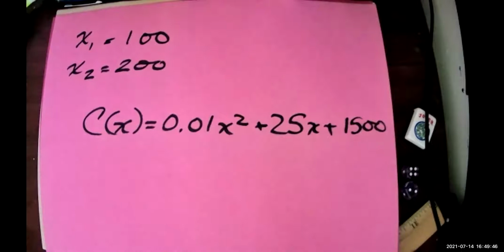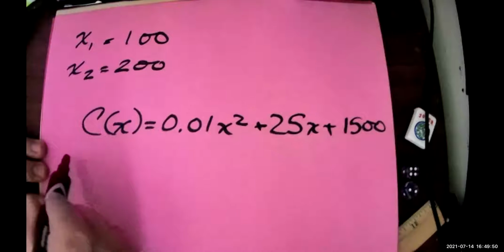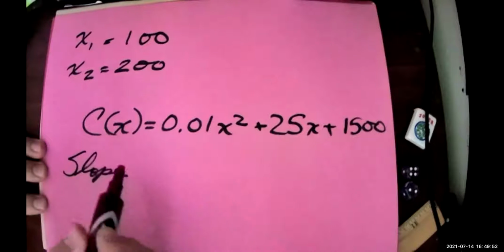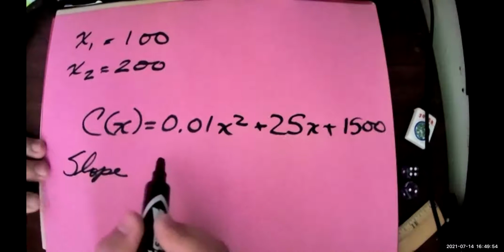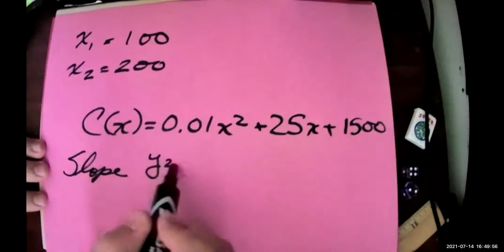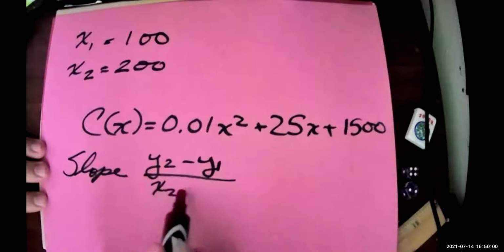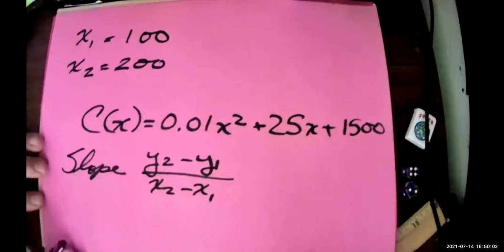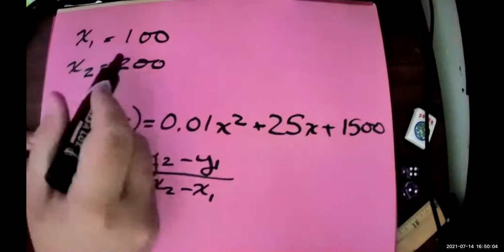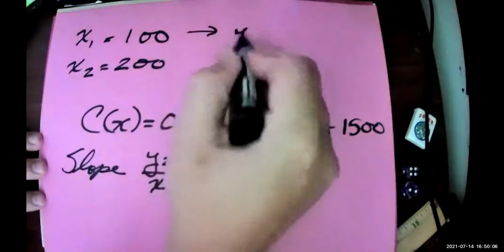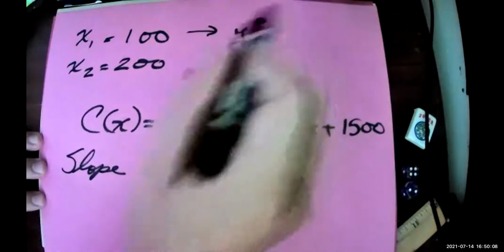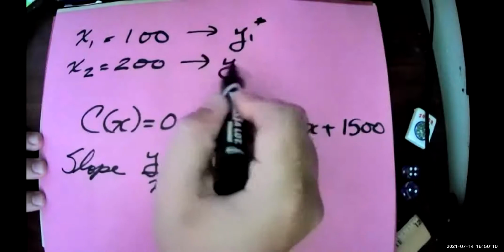Now, what I want to do here is figure out the slope, which has the formula y2 minus y1 over x2 minus x1. Remember that? Well, I have x1 right here. Can I get y1? I should put that down there. I have x2. Can I get y2?